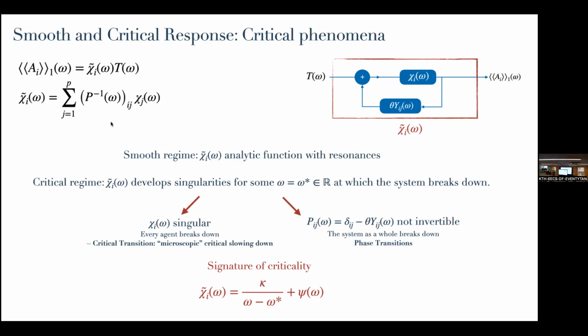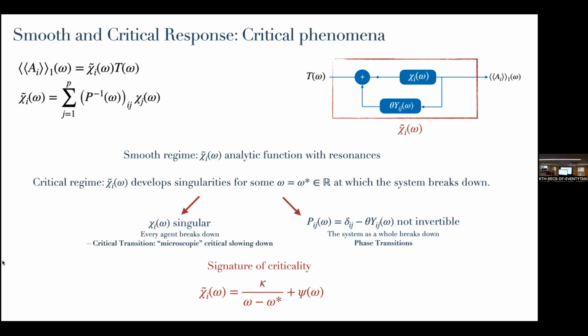But if the singular behavior comes from this function here, it means that you apply a perturbation, the single agents, the single neurons if you want, are well behaved, but the response of the whole ensemble is critical. And this is what we identify as a phase transition. So phase transitions are characterized by criticality arising from this part of the susceptibility rather than this one.